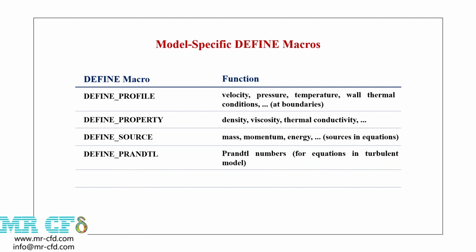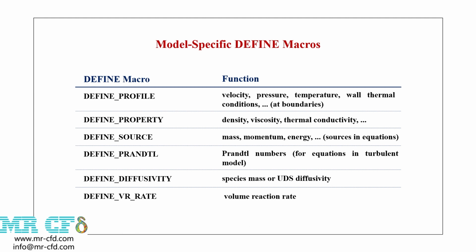For example, it is used to define the turbulent viscosity related to the equations of kinetic energy or the dissipation rate of the K epsilon turbulence model. Diffusivity macro. This macro is used to define the diffusion or dispersion of species or any user-defined scalar. Reaction rate macro. This macro is used to define the reaction rate when using chemical reaction equations.